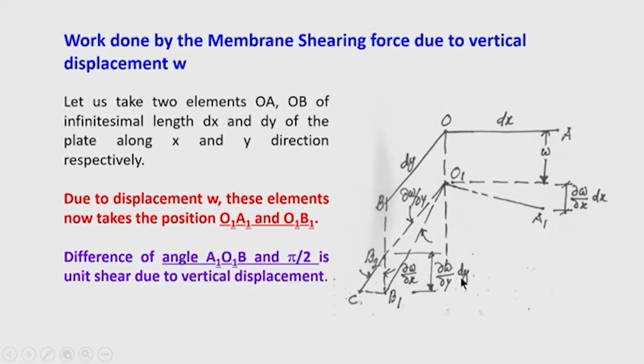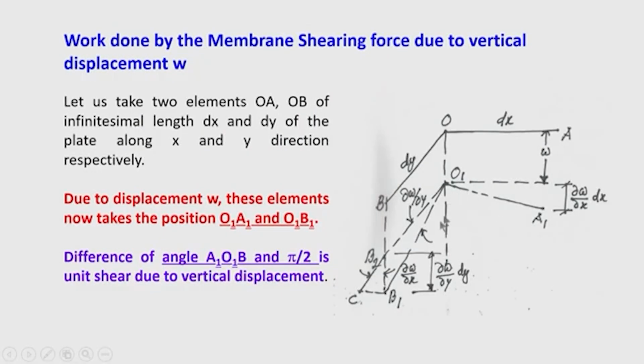We want to find the shear deformation, so that this can be accounted for in calculating the work done. The difference of the angle A1 O1 B1 and the right angle, that is pi by 2, is the unit shear due to vertical displacement. That we know from our elementary strength of materials. So, let us now proceed to calculate this angle.